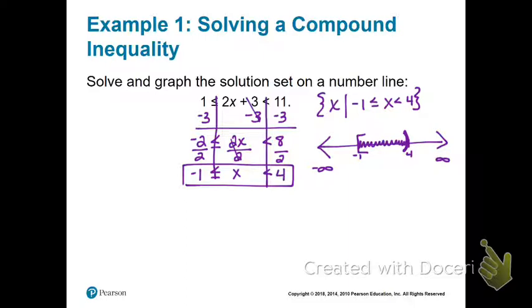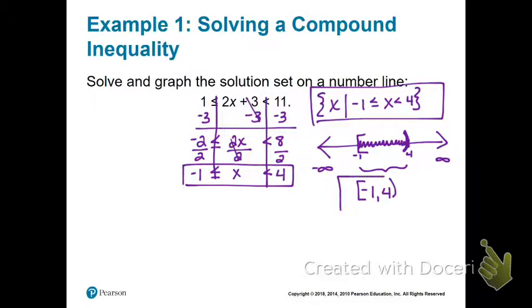And then we could write our interval notation. We can see where our shading is at. We can see it goes from -1 to 4. The -1 had a bracket, and the 4 had a parenthesis. So we could write our solutions either in set builder notation or in interval notation, and then we also have our graph included here.